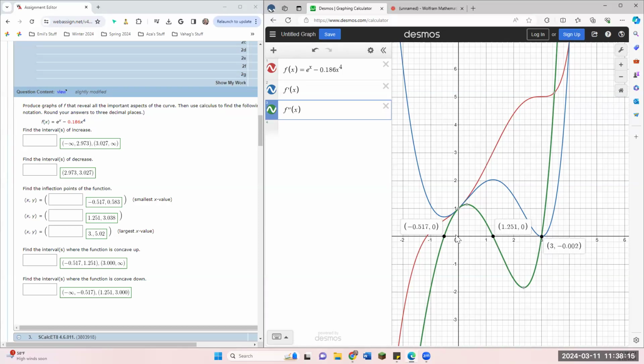So that tells you that we have concave up between these two points, and then to the right of that point, that's the answer to that question. For concave down, we basically have from negative infinity to negative 0.517, and then between these two points, because that's when the curve is below the x-axis.